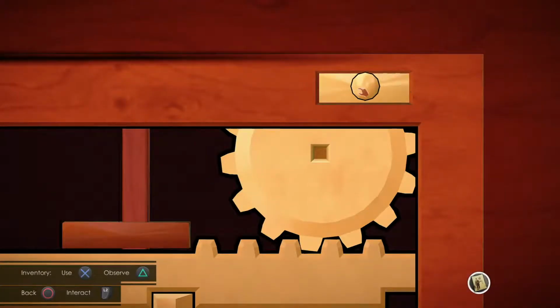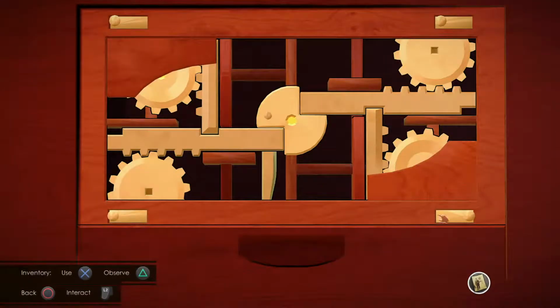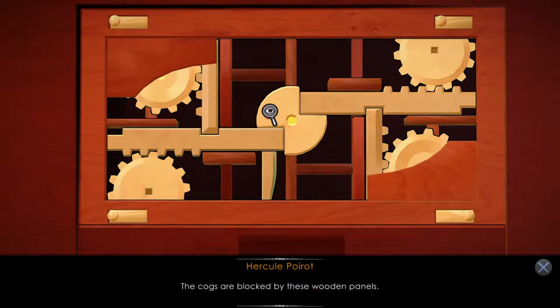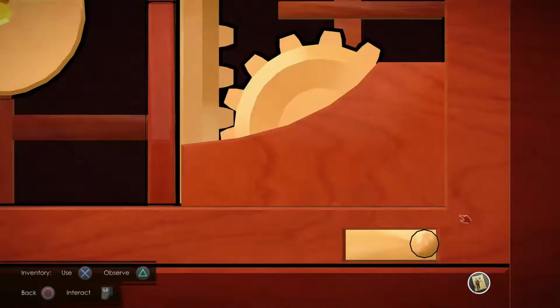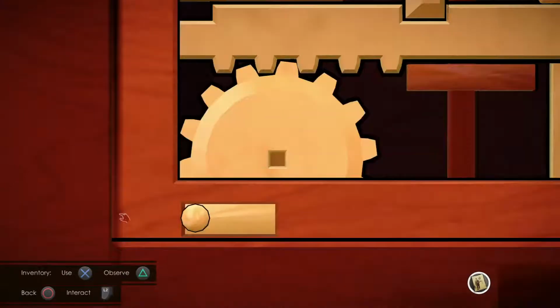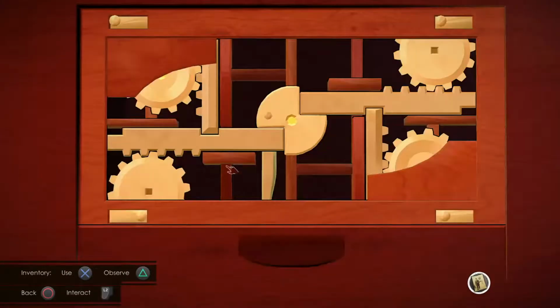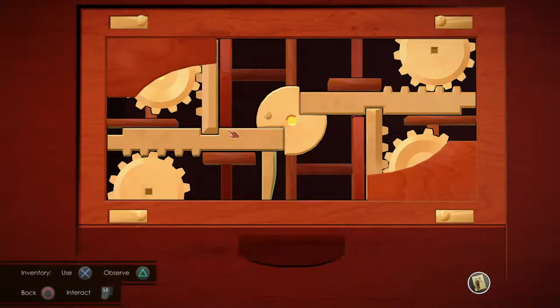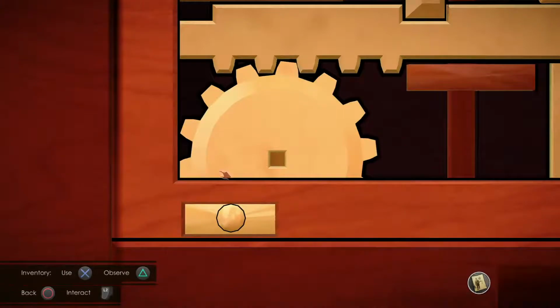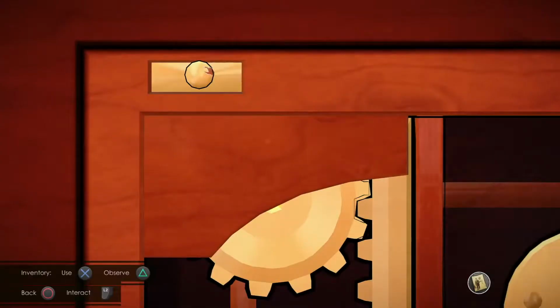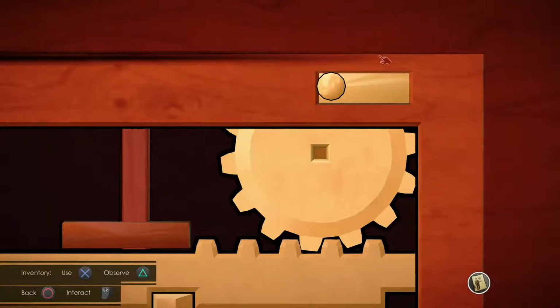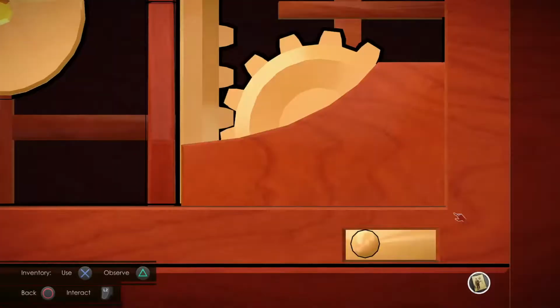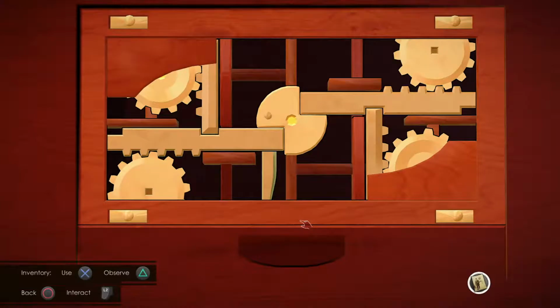I'm trying to look for clues here, but there's a lot of different permutations as to how they could be positioned.